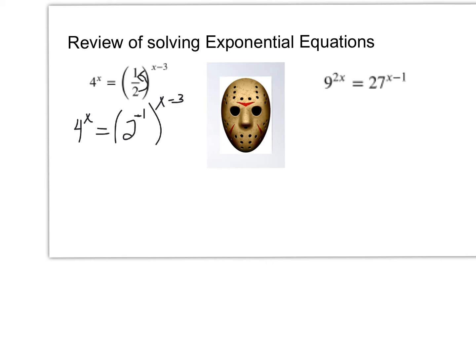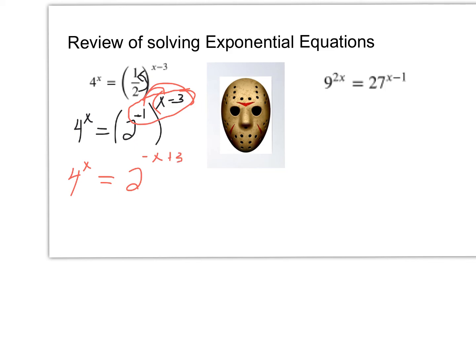Remember, we're going to have to multiply the exponents. Since this is an algebraic expression, we have to distribute the negative 1 to both pieces. So we're going to have 4 to the x is equal to 2 raised to the negative x plus third power.